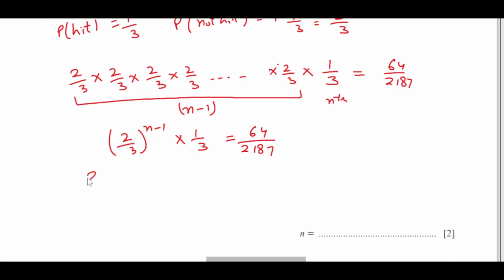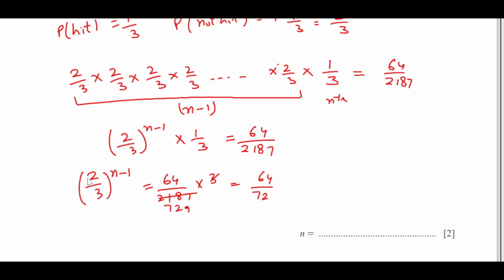Now we can find out the value of n from here. So 2/3 power n minus 1 is equal to 64/2187 times 3. When you calculate this, 729, so this is 64/729.